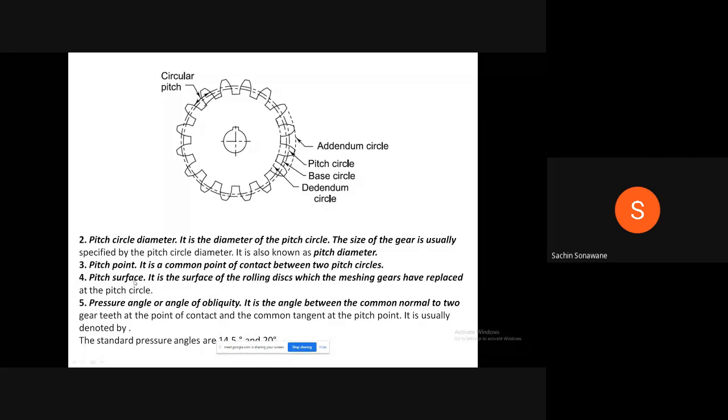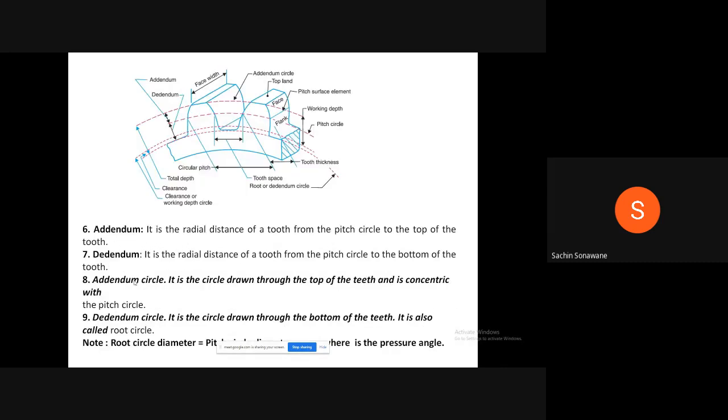Now to understand the definition of pitch surface, we will go to the next slide. Then you will understand. See that these are two gear teeth. These are the different terms used in the gear. This is the pitch surface element.